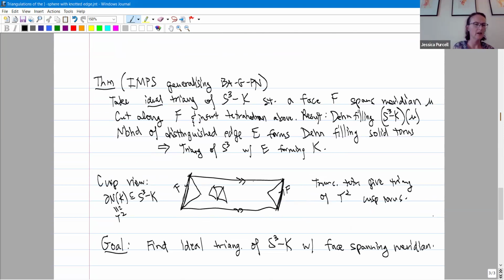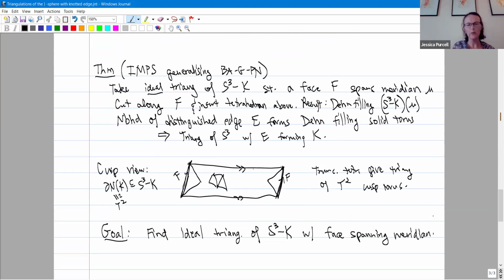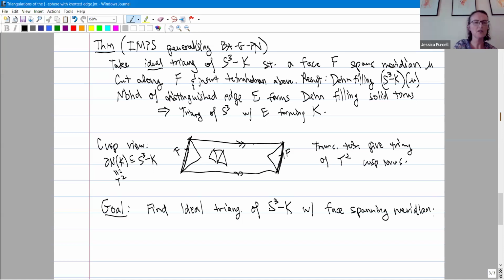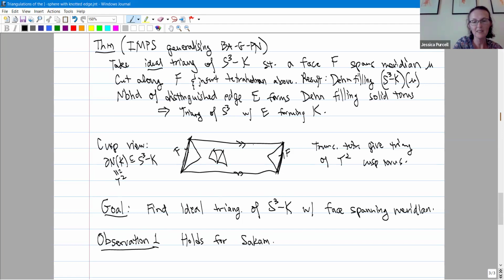They build this explicitly, but we realized that we were looking at another family of knots with a very similar construction, and this is where we saw the connection between theirs and ours: just this face spanning the meridian. But once you see this observation, this theorem, then you can find a lot of examples of knots that have this. So for example, this holds for your well-known Sakuma-Weeks triangulations of all two-bridge knots.